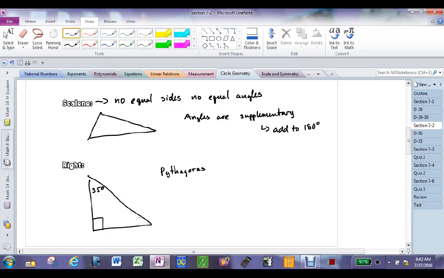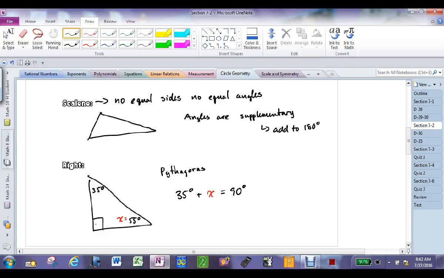Why? Right. This is 55 because 35 degrees plus x had to equal 90, didn't it? Because I already had 90 here.